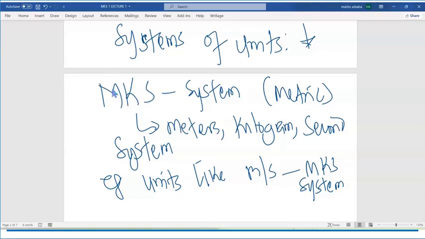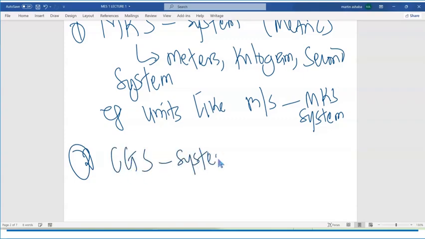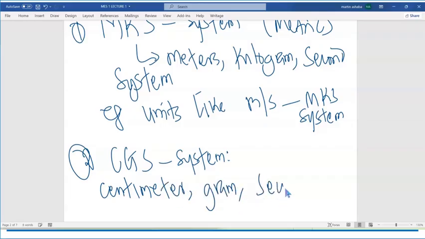So that is one. Number two, we have what we call a CGS system. So CGS system, we are talking about a centimeter, a gram, and a second.